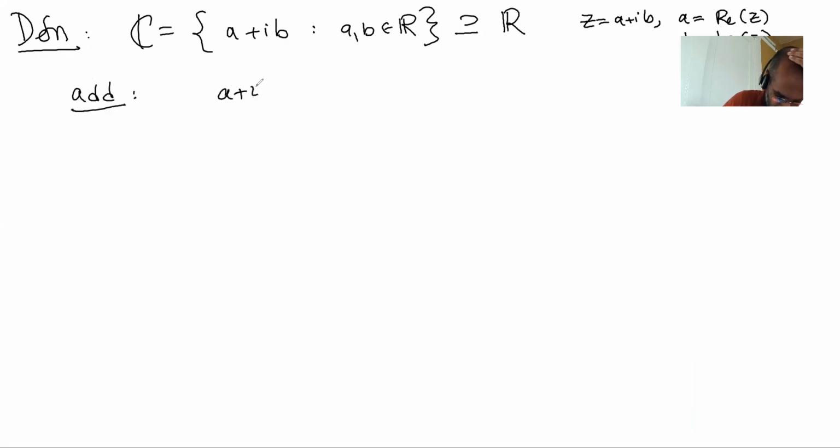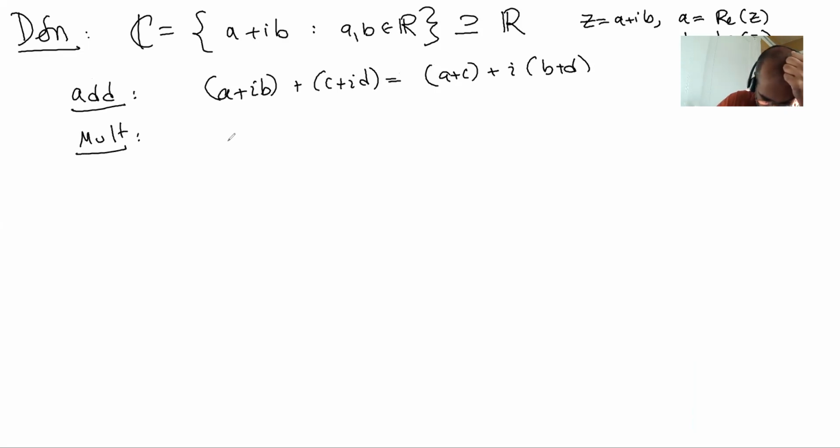So a plus ib plus c plus id is a plus c plus i times b plus d. You can multiply them, and this is where things get interesting. You just multiply them using the usual rules of algebra that you're used to.